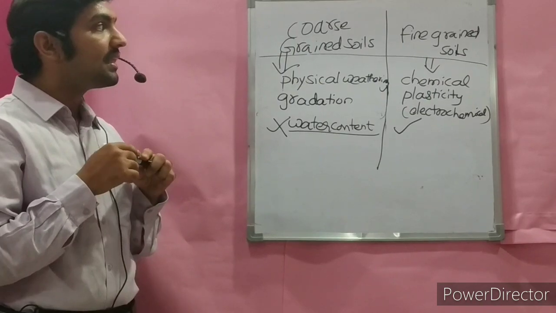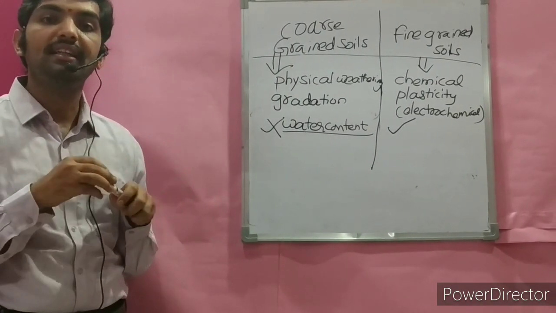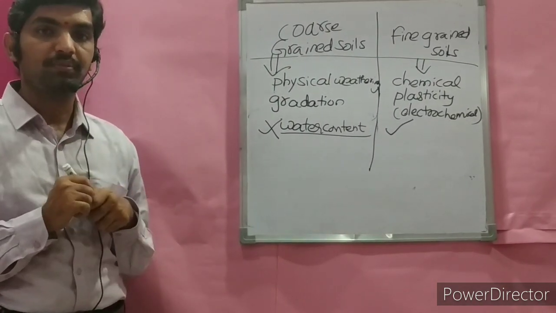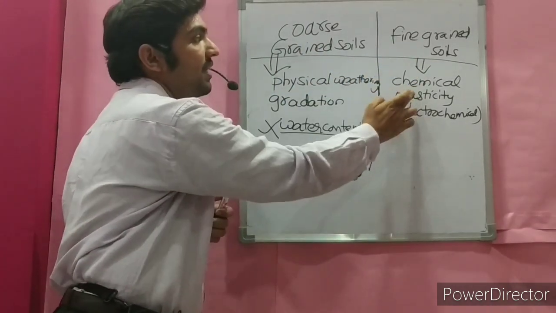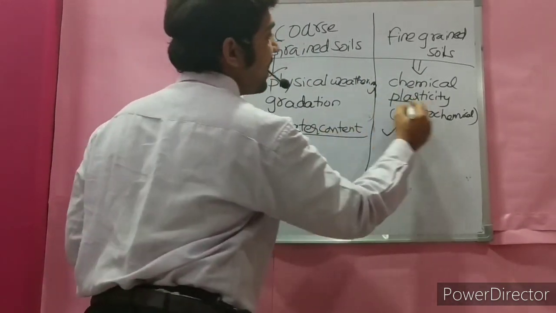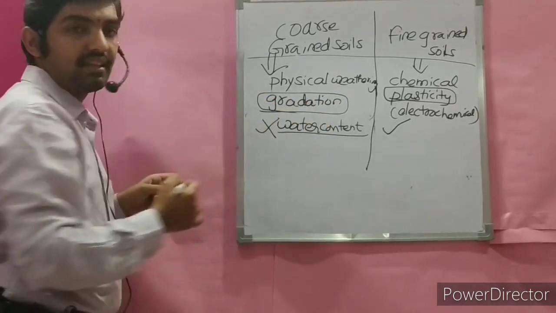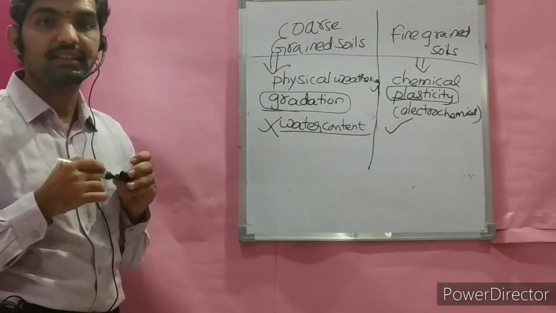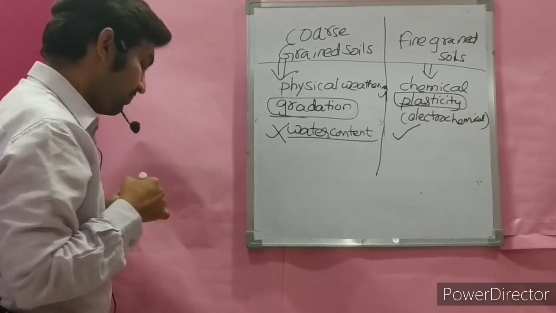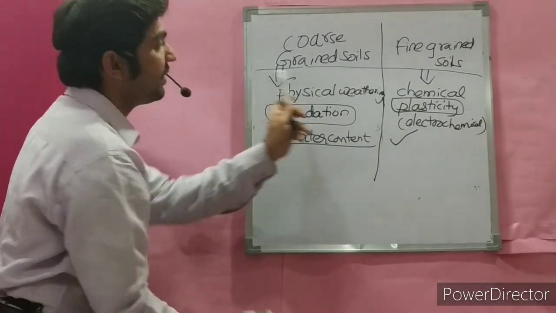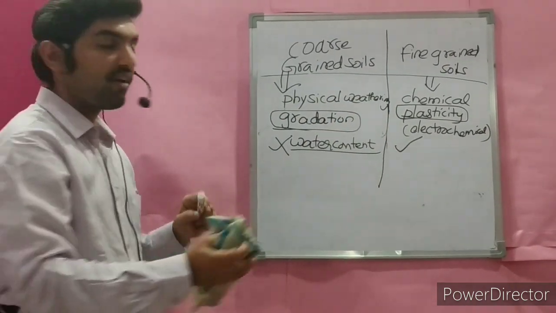And the verbal description of fine grained soils is based on their plasticity characters. We describe coarse grained soils based on their gradation characters. These are the main differences to be noted between coarse grained soils and fine grained soils.